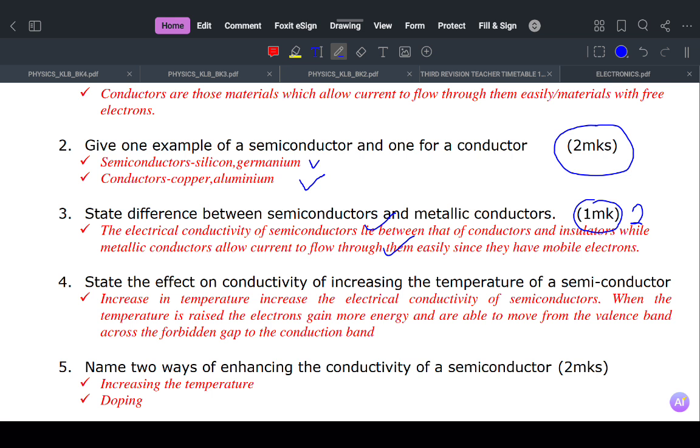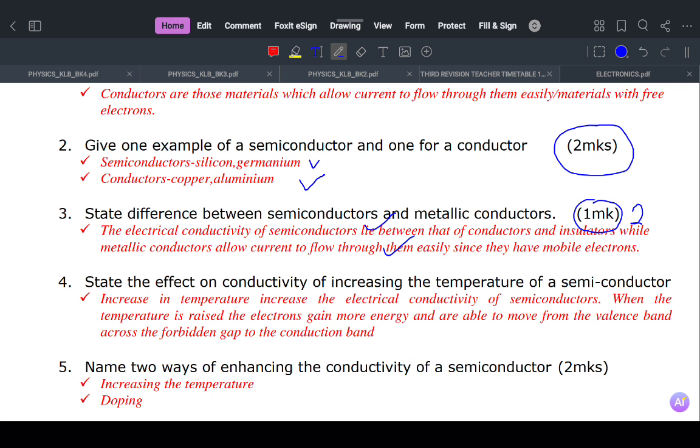Good enough, the forbidden gap is so small that electrons can cross easily from the valence band to the conduction band if the temperature of the material is raised.